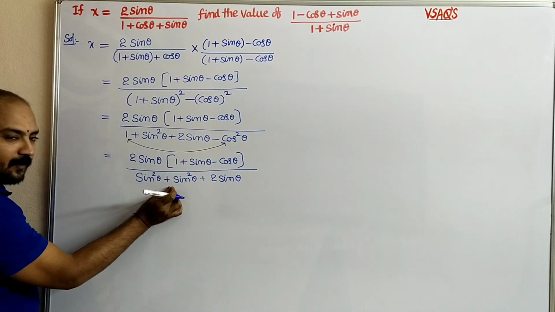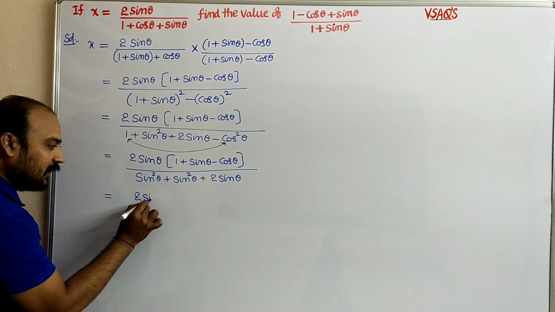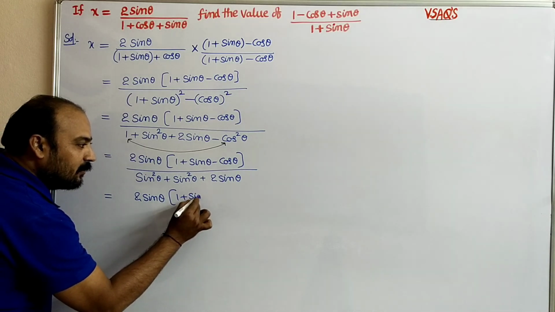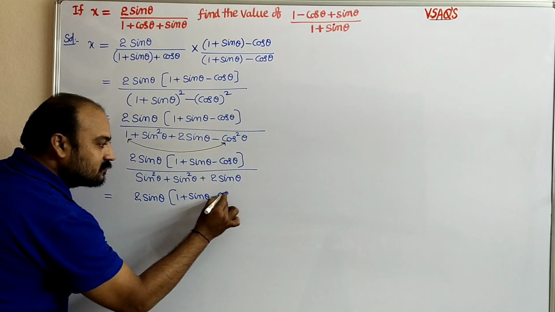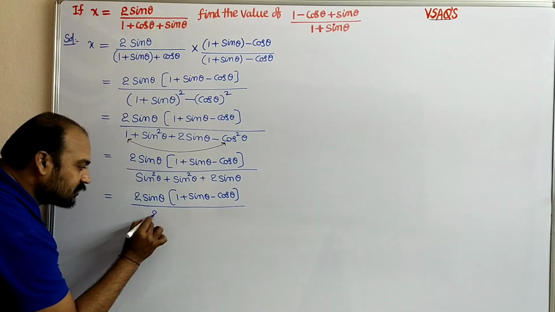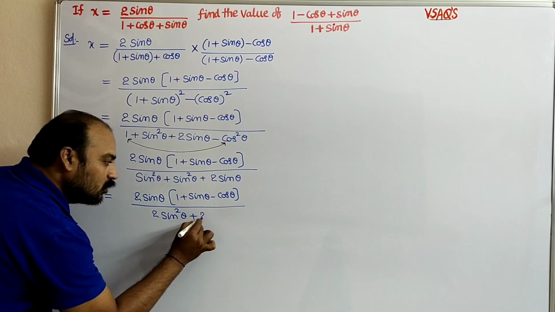Sin square theta plus sin square theta, 2 sin square theta. So 2 sin theta into 1 plus sin theta minus cos theta divided by 2 sin square theta plus 2 sin theta.